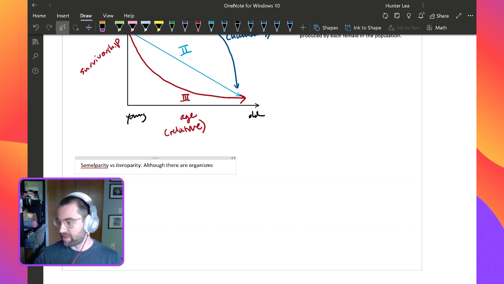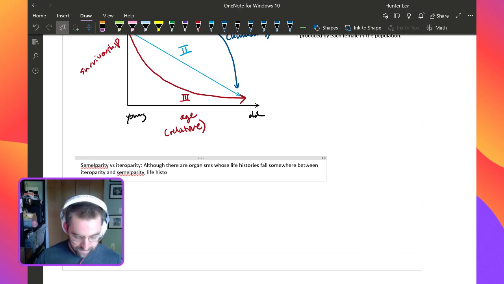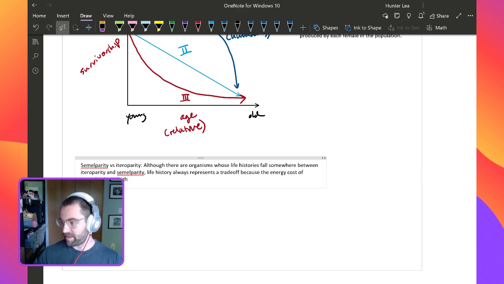So although there are organisms whose life histories fall somewhere between iteroparity and semelparity, life history always represents a trade-off because the energy cost of reproduction is high.